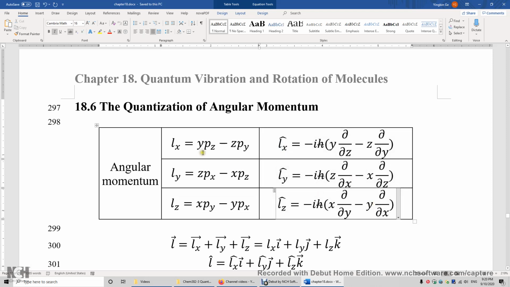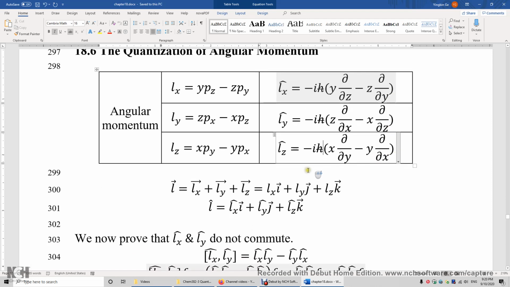You just need to replace pz with negative i h bar times delta over delta z. You replace this py with negative i h bar times delta over delta y. That's it.